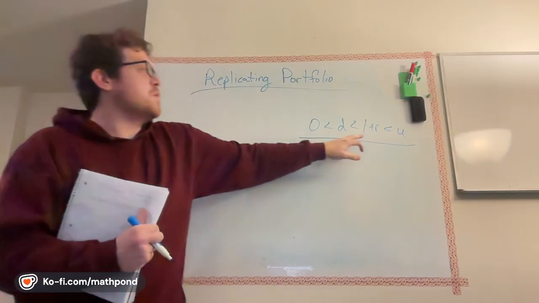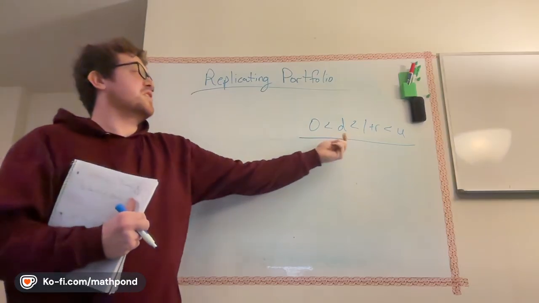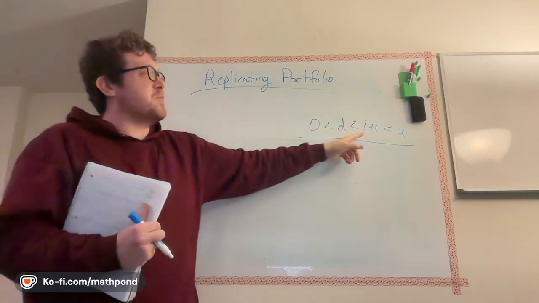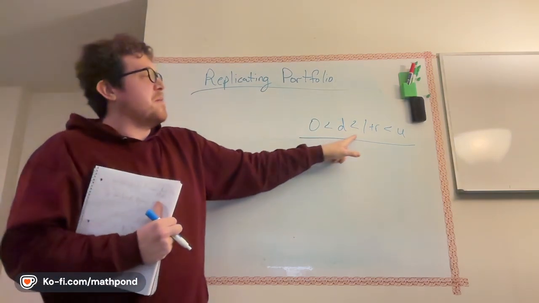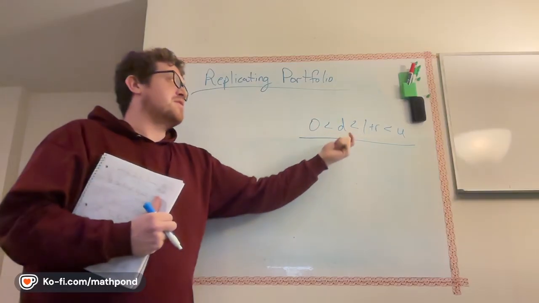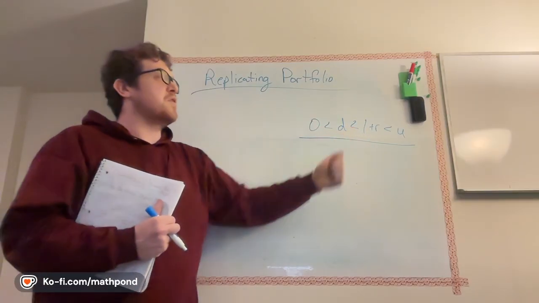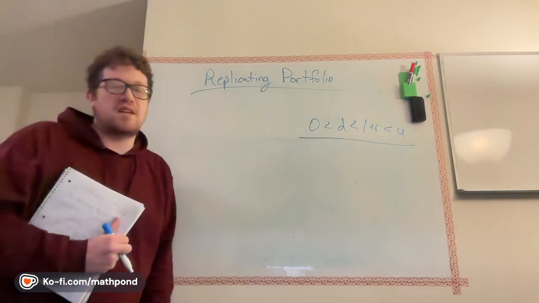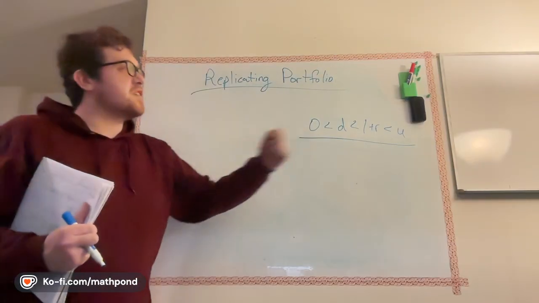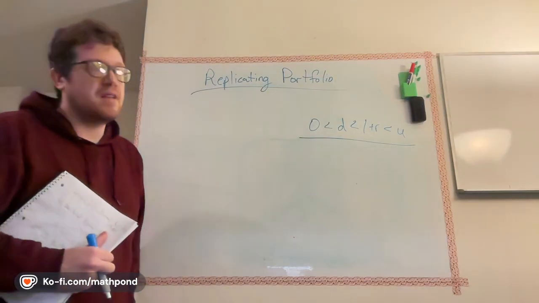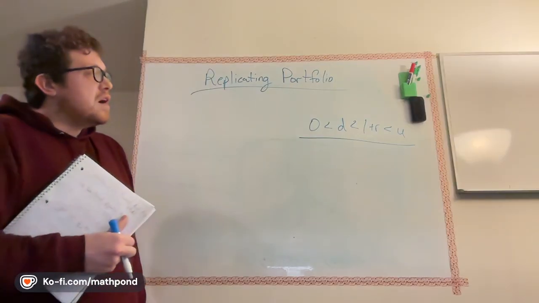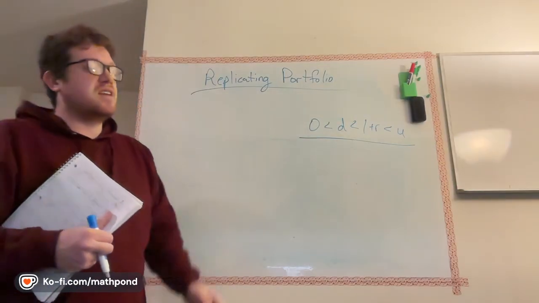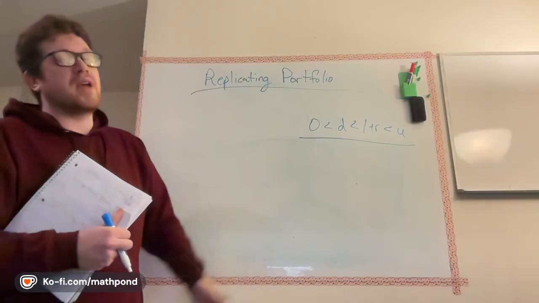Or the other way, if U is less than 1 plus R, then you would never invest because you would just put all your money in the risk-free rate, because any amount of risk you're taking, you're actually making less on average, because the average of D and U is going to be somewhere in the middle. And if they're both less than 1 plus R, then there's no point in investing in the stock. Or you could short the stock and make instant money. You would have to borrow money at the risk-free rate, then short the stock, and then no matter what happens at the end, you buy it back and you make money for free.